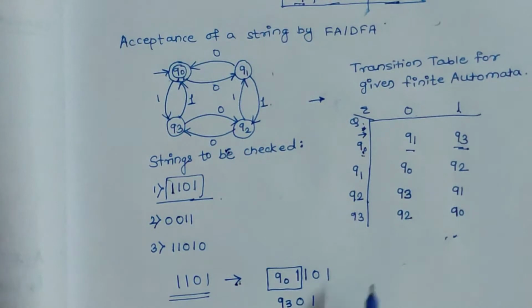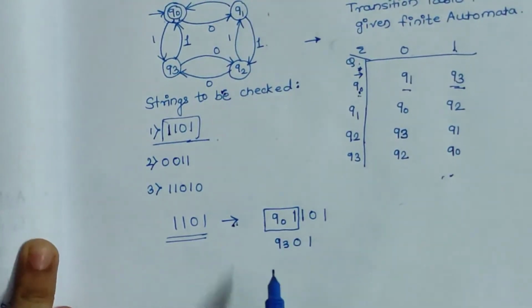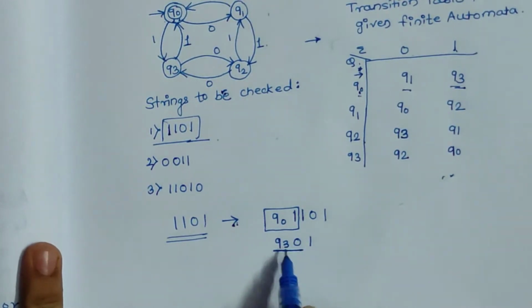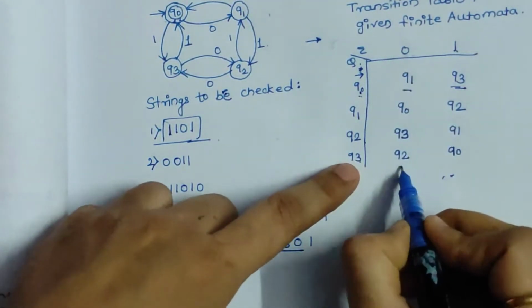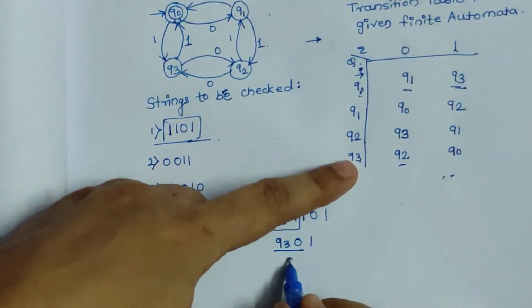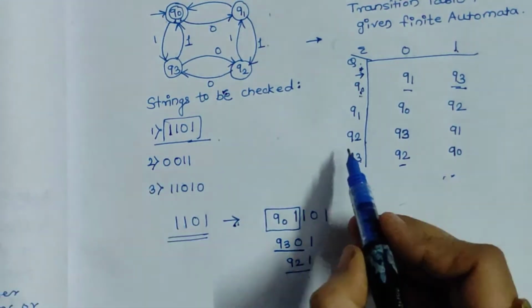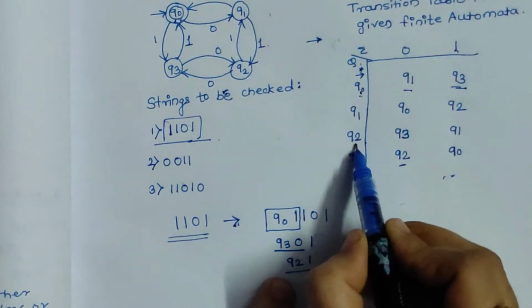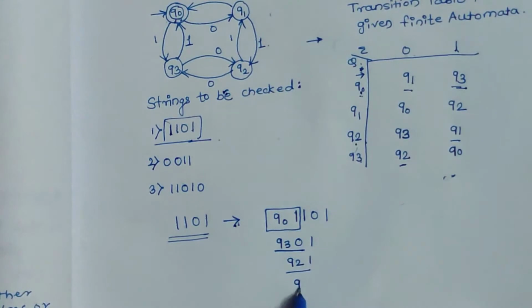So I am writing here Q3 with remaining input 01. You have to check every time in the transition table. Next, if we give input 0 to Q3, we transit to state Q2. And if we give input 1 to state Q2, we go to state Q1.